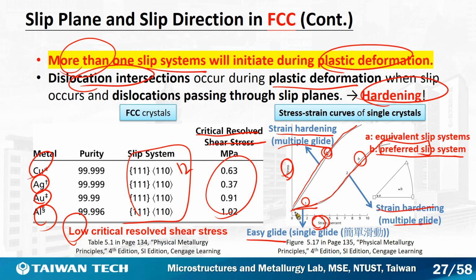So you see here, it will initiate and glide with very little stress required. However, if all of these slip systems are equivalent, then it will look like this curve.